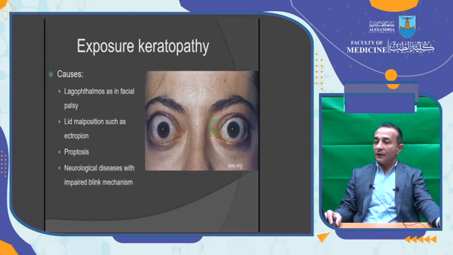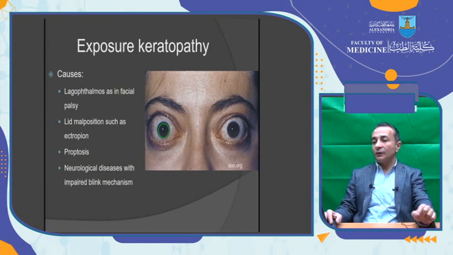In proptosis, there is a combined mechanism. The infrequent blinking may lead to dryness, and also the incomplete closure of the upper eyelid may lead to exposure keratopathy.